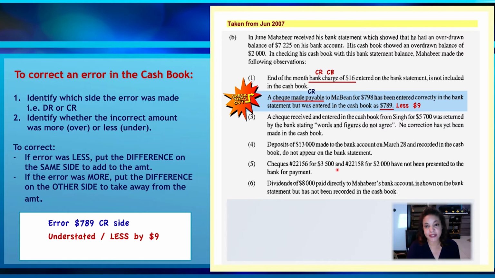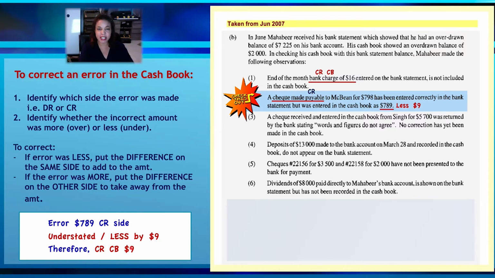Now that you have identified the side the error was made on, the credit side, and you have identified that the error was $9 less, that means we now have to add that $9 on the credit side. So if your error is that your amount is understated or less than the correct amount, you go to the same side the error was made in, which is the credit side, and you're going to enter that $9.